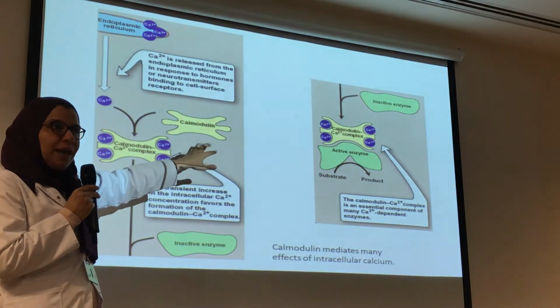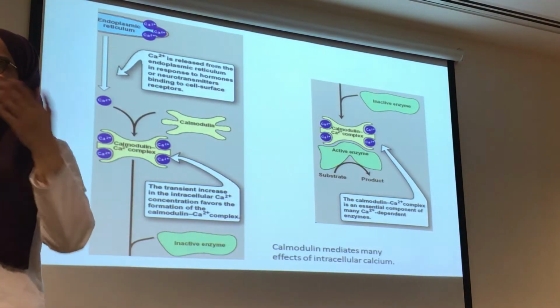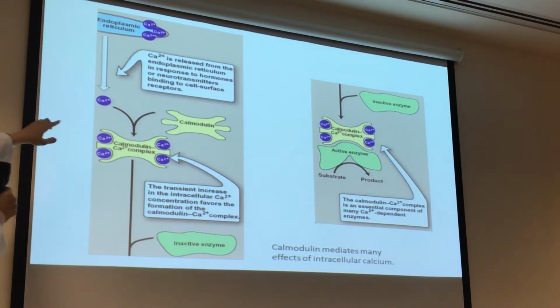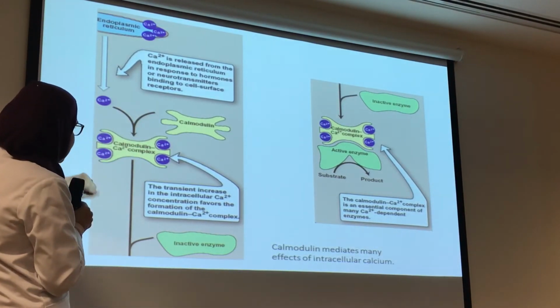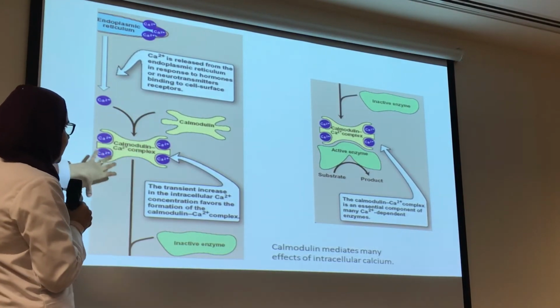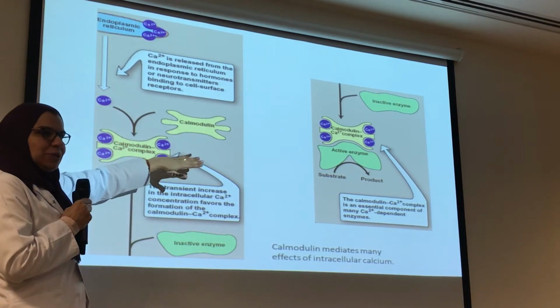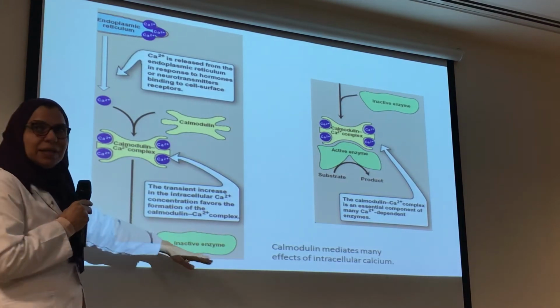Okay, so calmodulin, have you heard of calmodulin before? Yes. What do you know about calmodulin? Okay, so you studied this before? Calmodulin has 4 calcium binding sites. Calcium is going to bind to calmodulin and will activate this calcium-calmodulin complex. I don't know if you studied up to here in physiology in MSK. Did you know about the enzymes?